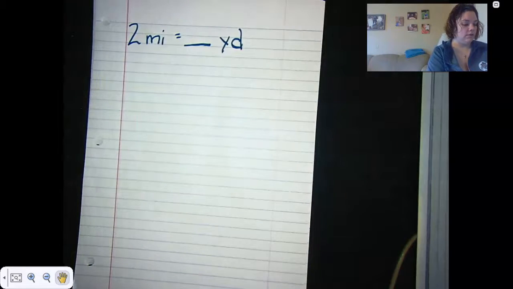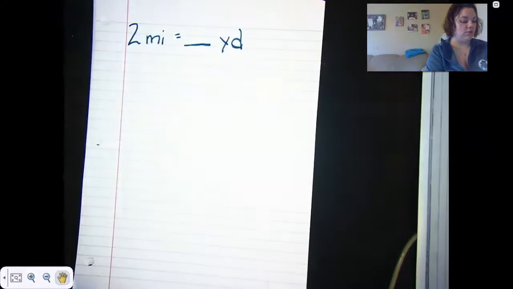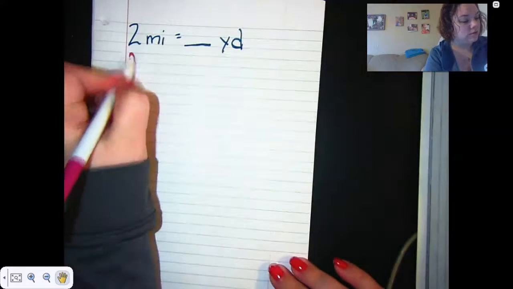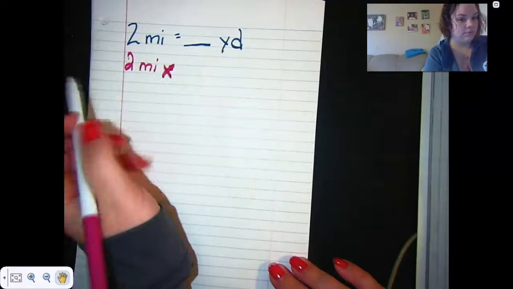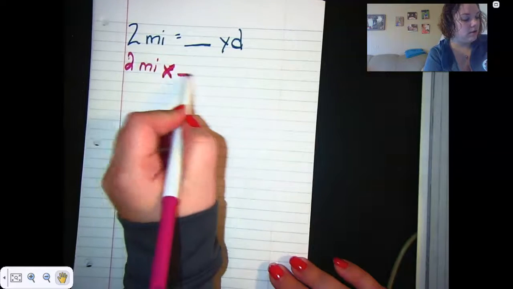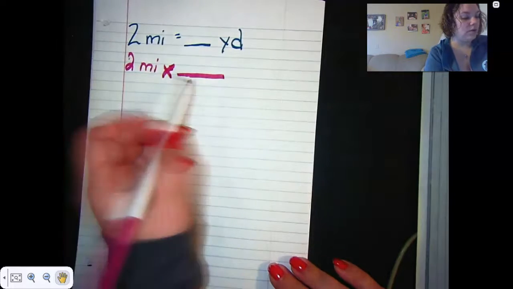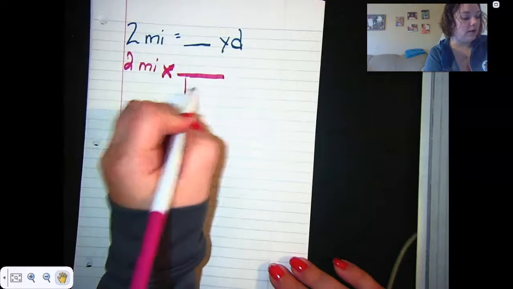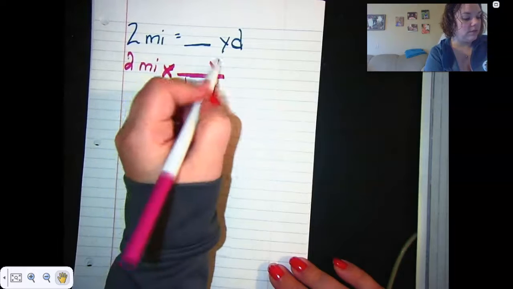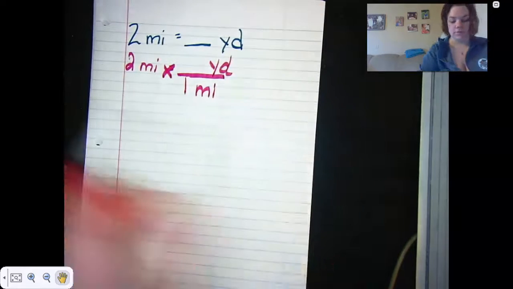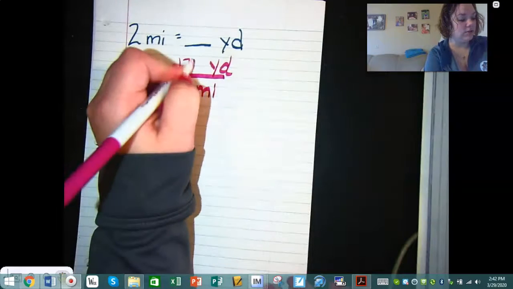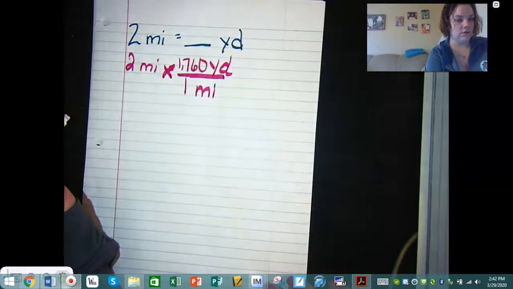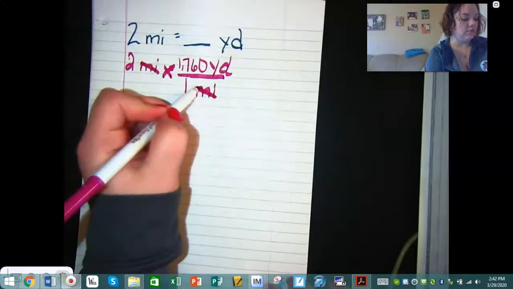How we're going to set it up is we start with our 2 miles, and we're going to multiply. Just like fractions, we're going to put the miles underneath. We know that 1 mile has an amount of yards, and that amount was 1,760 yards. So right here, our miles are going to cross out.